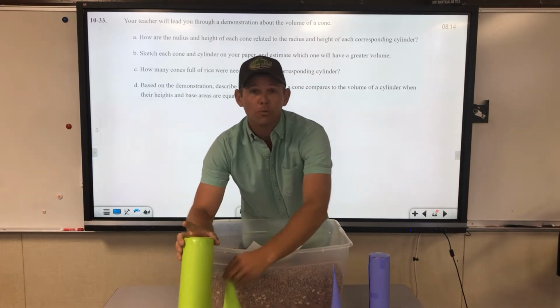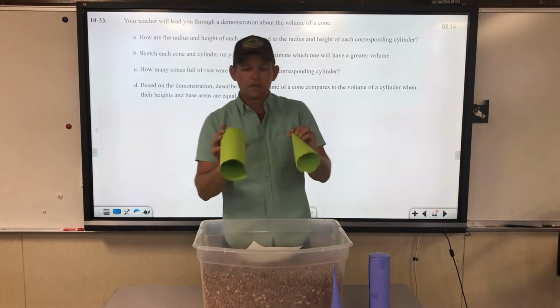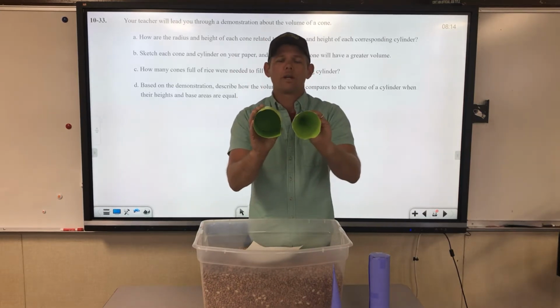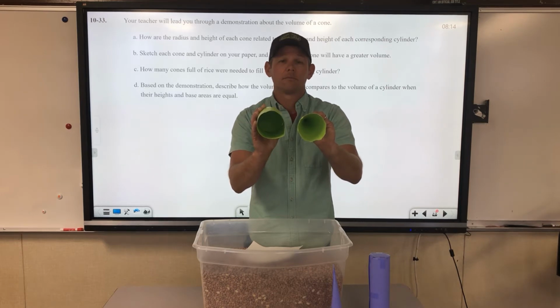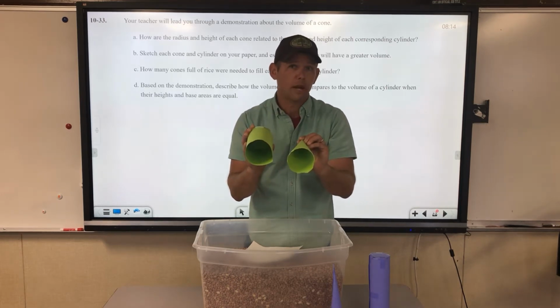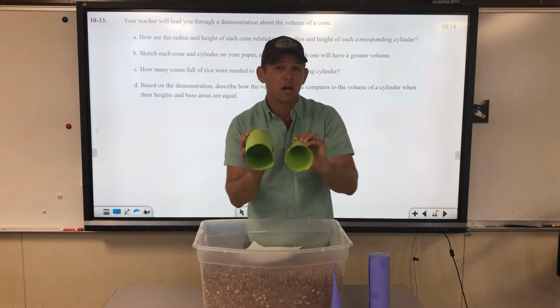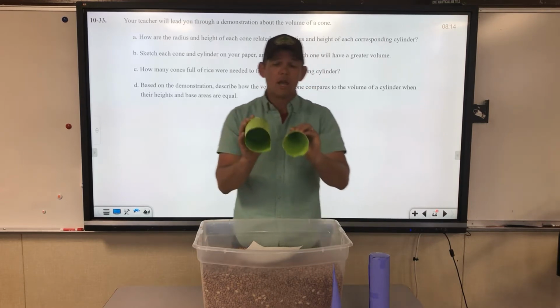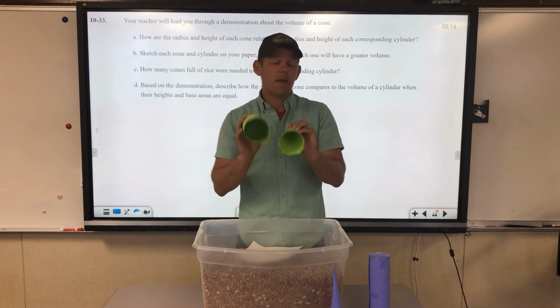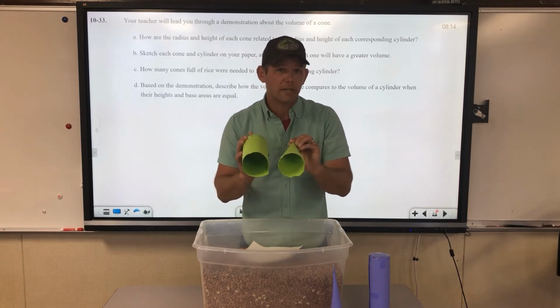How is the cone related to the cylinder? What did we say about their radius? Two radii make a diameter. Well, the diameter is the same. That's right. So the diameter is the same and therefore the radius is the same.